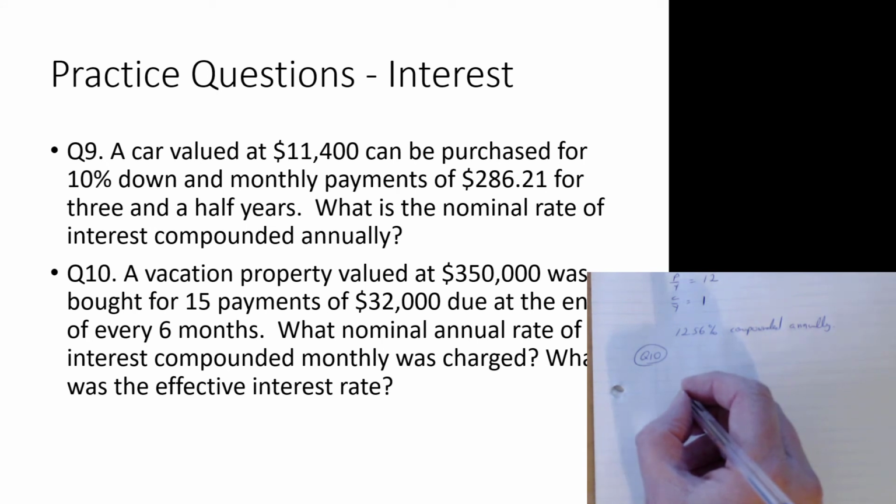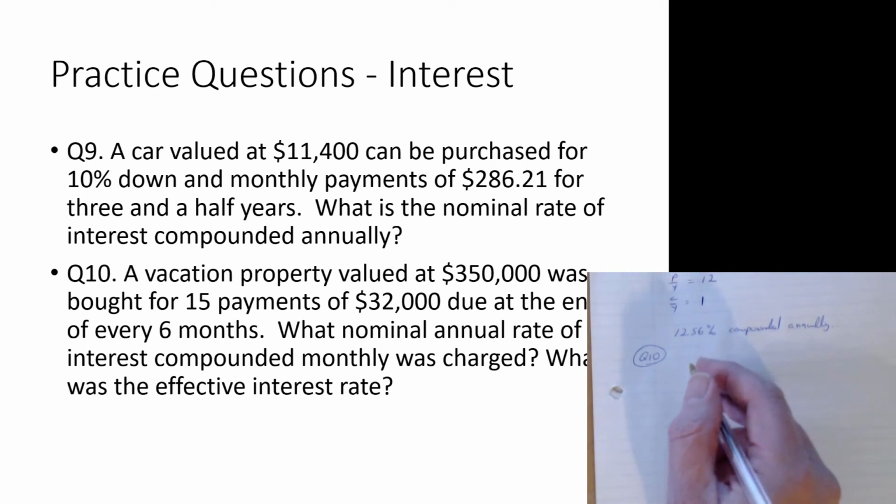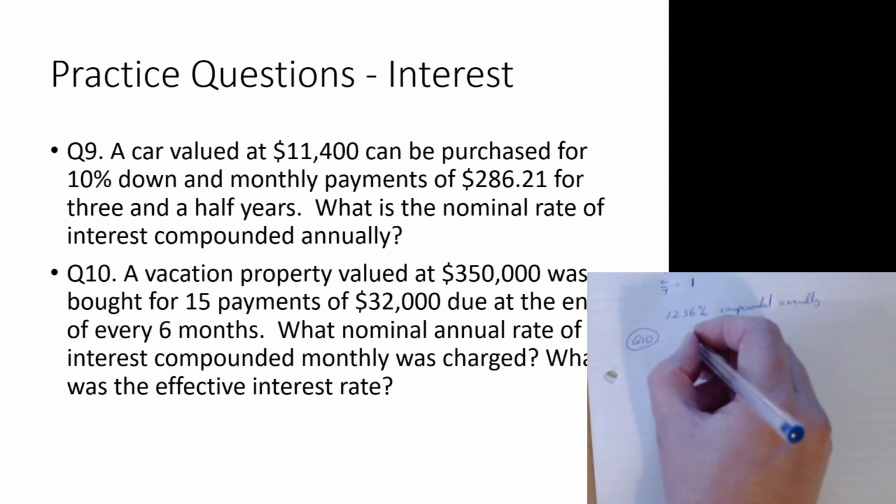We did the effective rate of interest in the ordinary simple annuities unit. So I'll just refresh for you the commands necessary for that, and then I'll give you the answer, and then I encourage you to work it out, because finding the effective rate of interest is a very realistic problem.